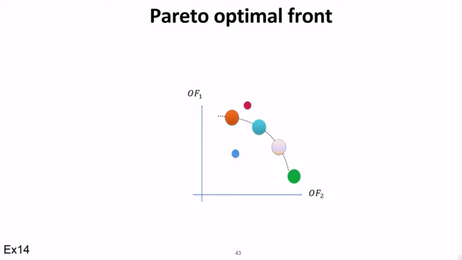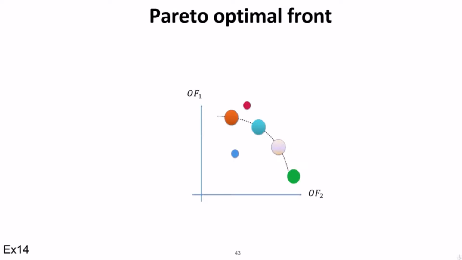And what happens if the weighting factors change? We have to run the optimization again. But now we want to find the set of solutions, as you can see here, those connected with dashed lines, in a way that if your weighting factor changes, you can change your solution. It's not needed to run the program again.